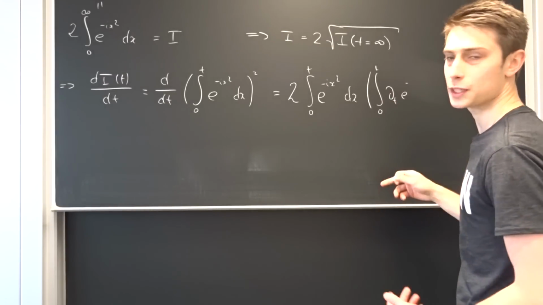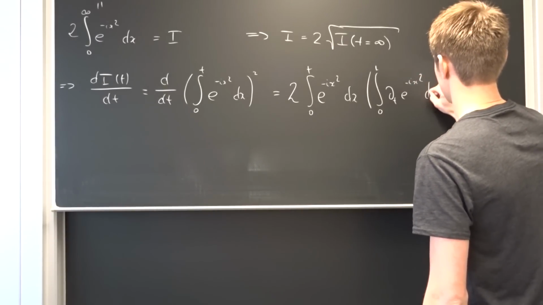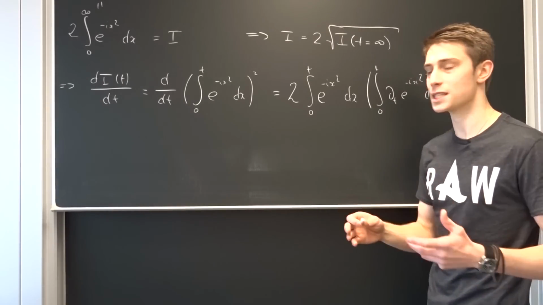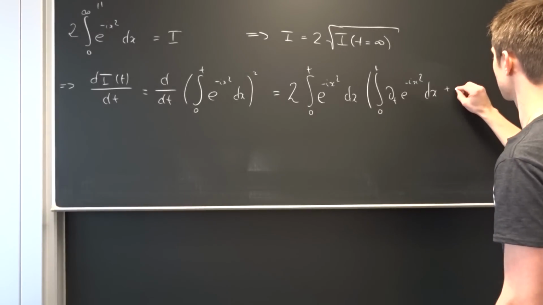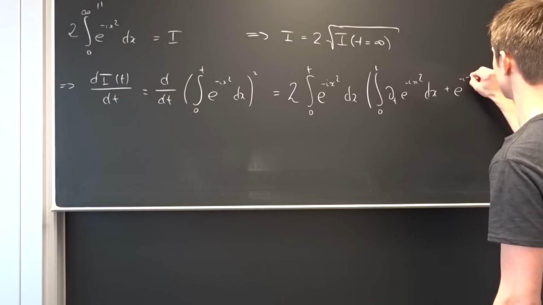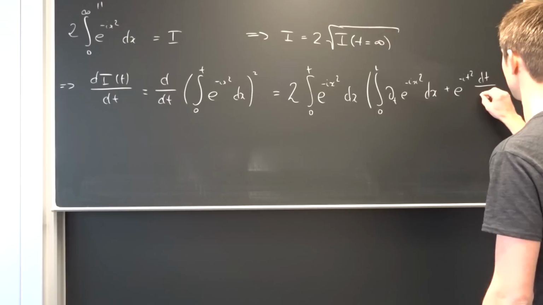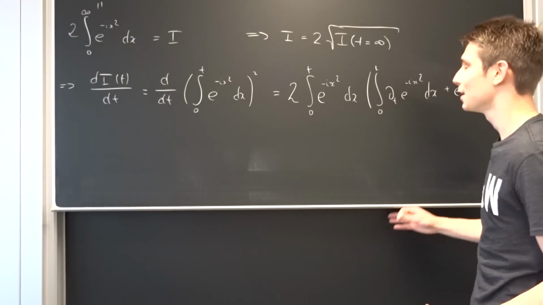So the partial derivative in terms of t times e to the minus i x squared times dx. Okay, the next step, we evaluated a constant at the upper bound. So this is plus e to the minus i t squared times the derivative of the upper bound in terms of t, because we are differentiating in terms of t.